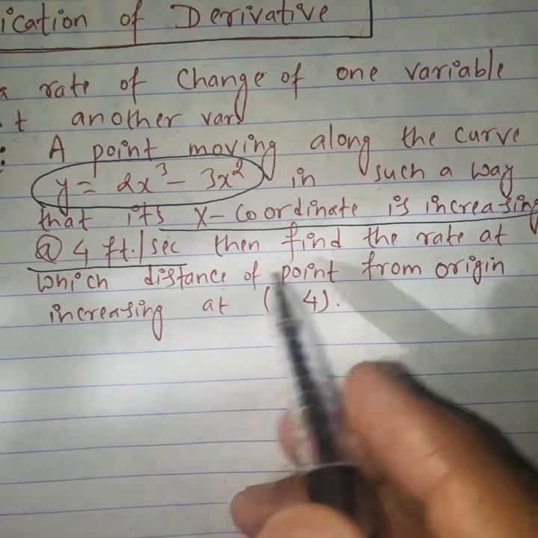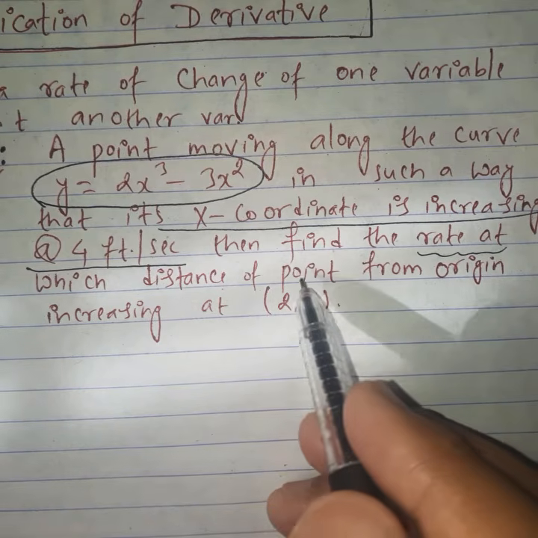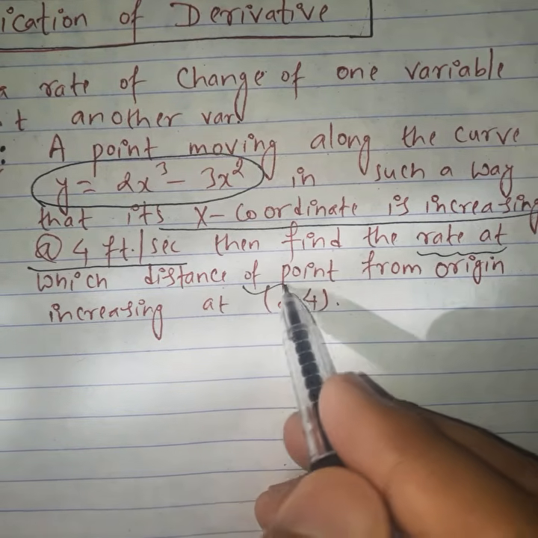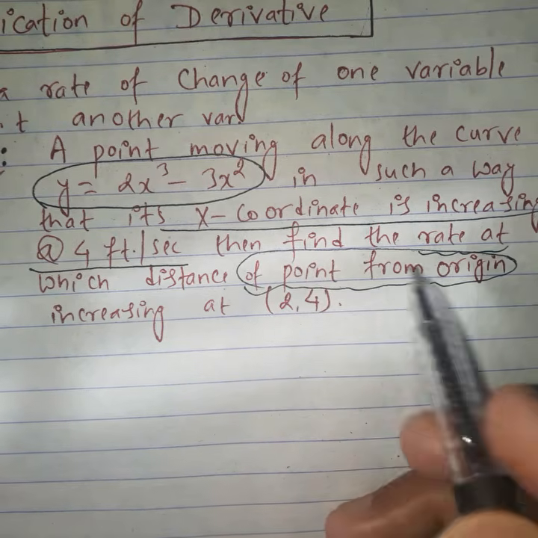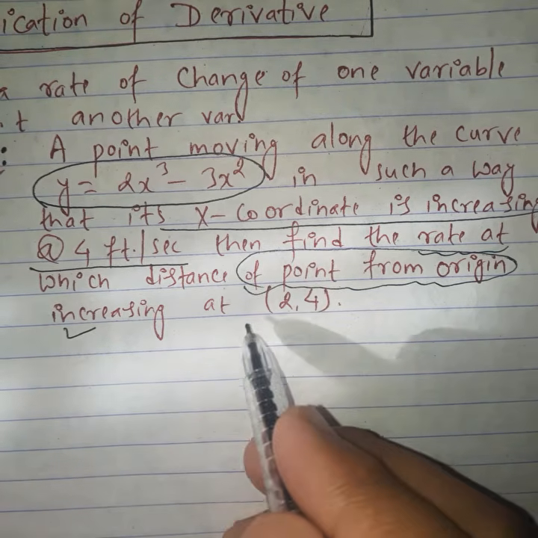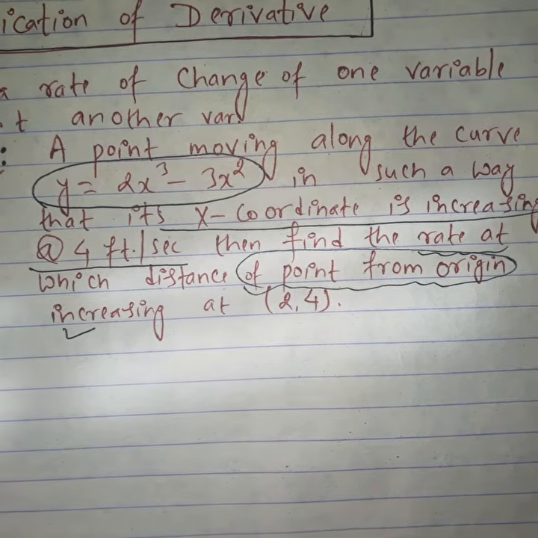Then we have to find out the rate at which the distance of the point from the origin is increasing at the exact point (2, 4).